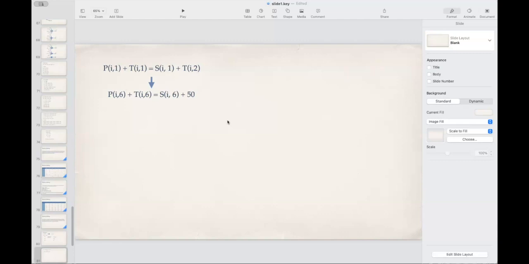Okay. What else do we need for constraints?